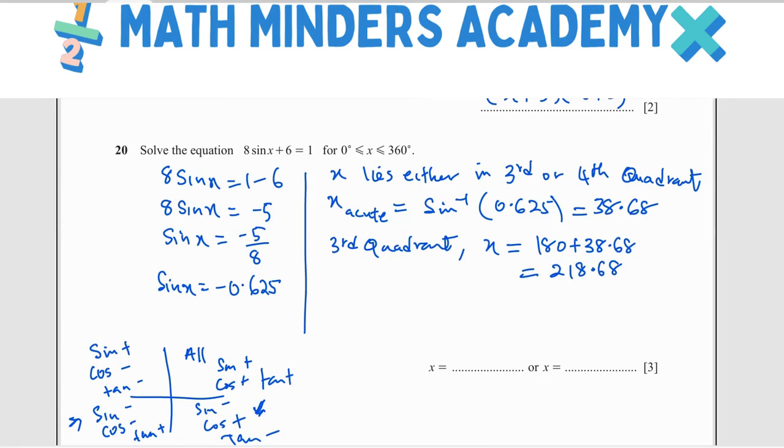But being an angle, and when we are dealing with angles in IGCSE maths, the instruction is that we leave our angle to 1 decimal place. So this is equivalent to 218.7 degrees.